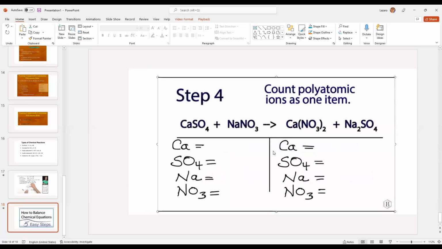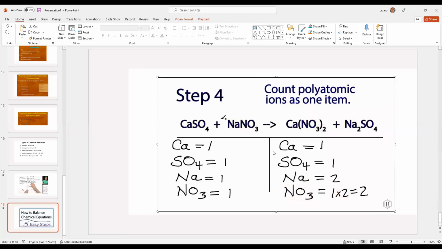So here's the equation, and I've done my accounting below. You can see I have 1 calcium here, and then I wrote the entire SO4 as one thing. And I have 1 of those here, and then 1 SO4, 2 Na on this side, and 1 NO3, and I have 1 NO3, but that 2 on the outside.